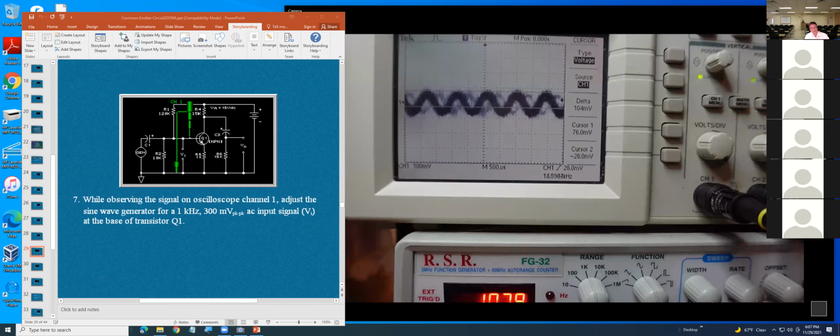Then try to adjust the generator to get the voltage you want. However, this is a very small voltage with a lot of noise. The oscilloscope cannot measure correctly, so you must use the cursor to adjust it.